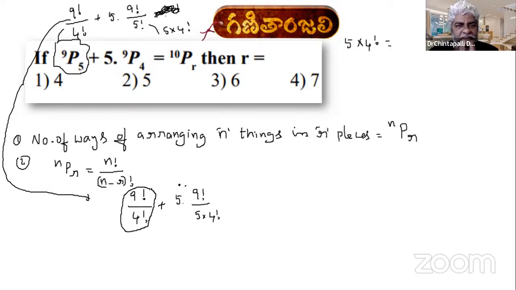There is a mistake in it, I think. 9P4 value is 9 factorial by (9 minus 4), 5 factorial, right?